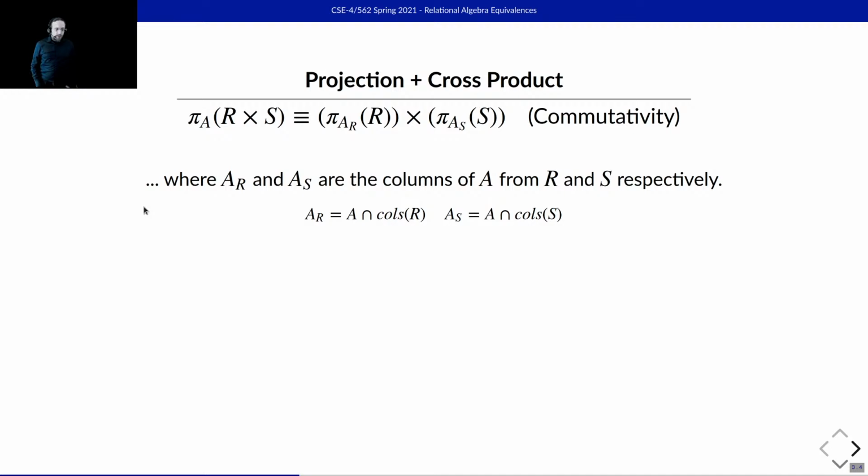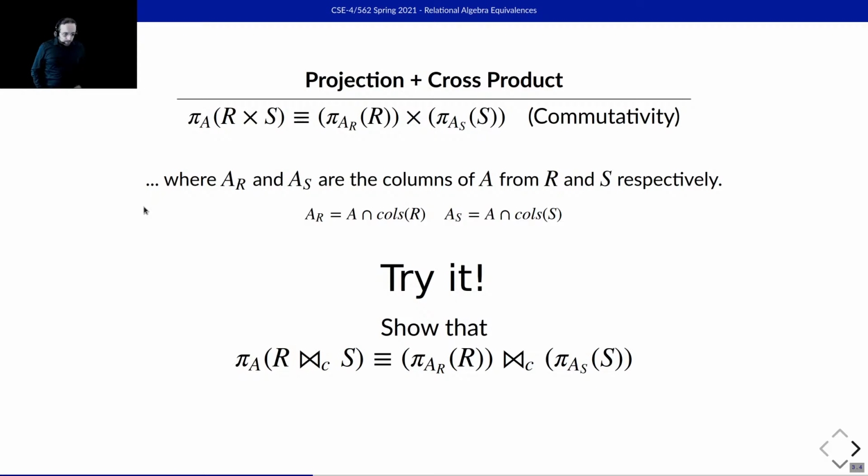The key thing here is that this will always work, but essentially what we need to do is figure out which attributes come from the left and which attributes come from the right, and then figure out the 2 new projection operators that show up once we push the projection through the cross product need to have only their respective attributes represented. Again, you can try this. In the interest of time, I'm going to move on, and we'll get back to that later.